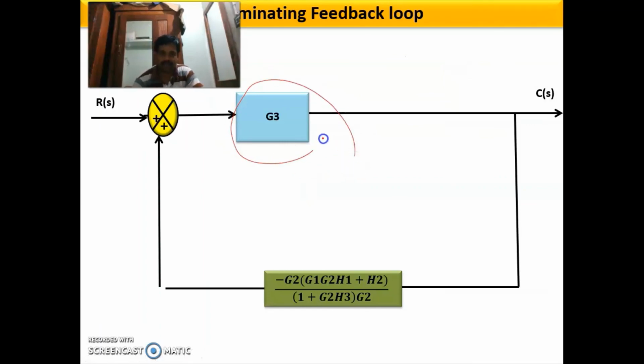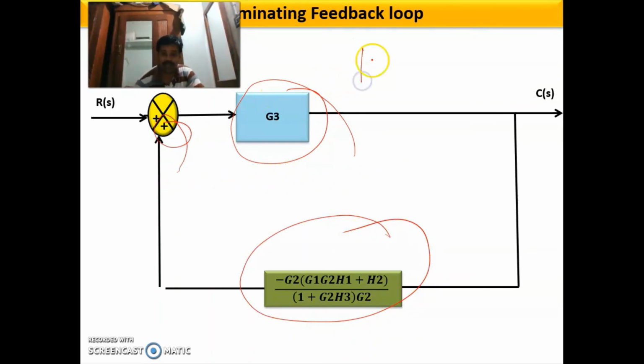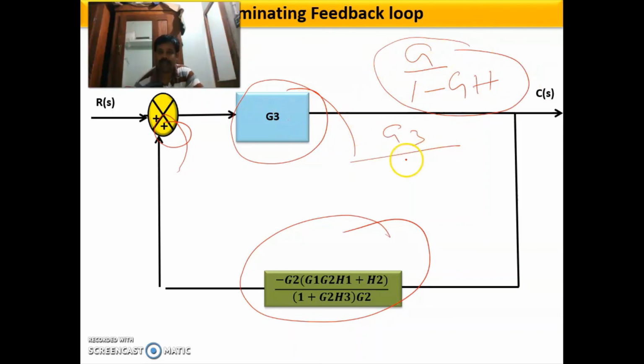So this is also a feedback. This is G and this is H. The type of feedback you're having is positive. So G divided by 1 minus GH. In the place of G, you have to put G3, and in the place of H, you have to put minus G2.